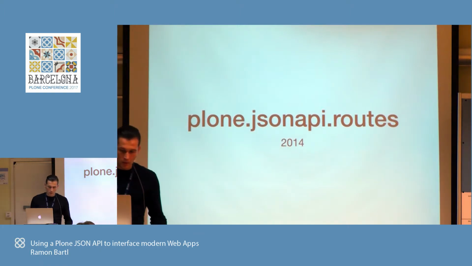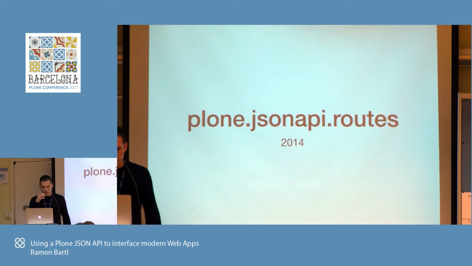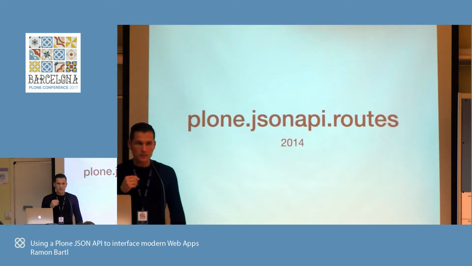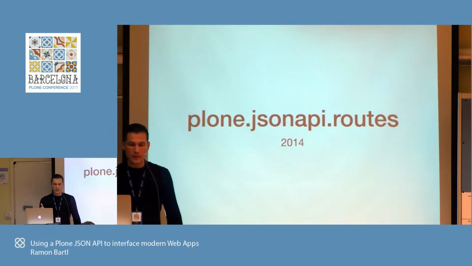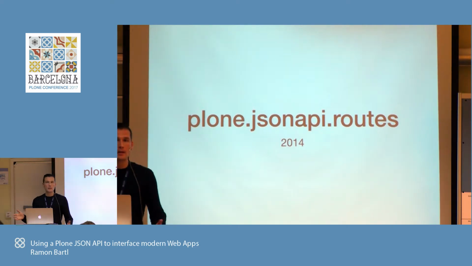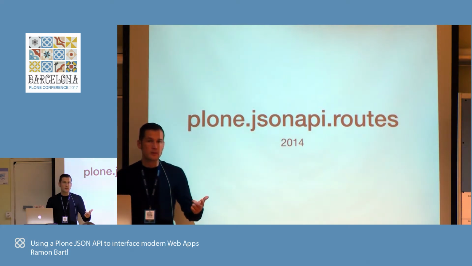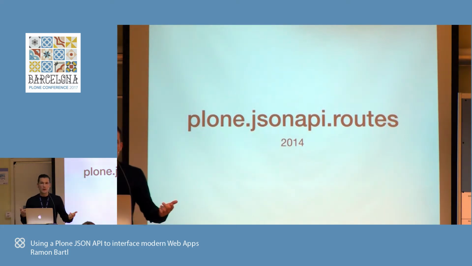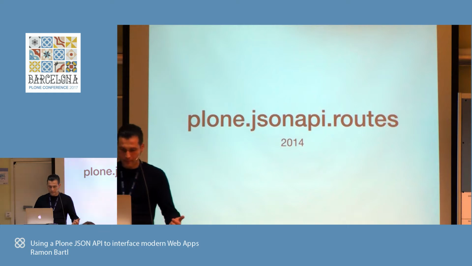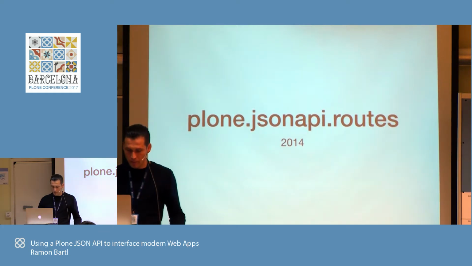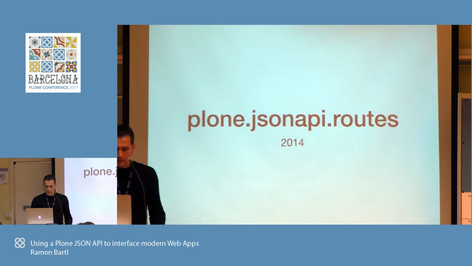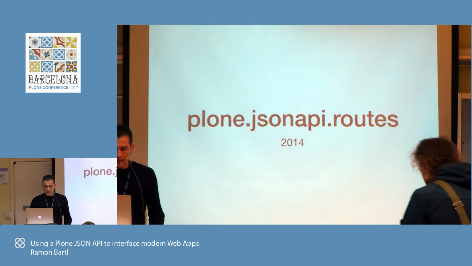So I started to code a package called Plone JSON API routes, which allowed me to have a RESTful API to Plone standard content types, to create a document, to edit a document, for instance, delete it, cut, copy, paste it, whatsoever I wanted to do. So yeah, how cool would that be?